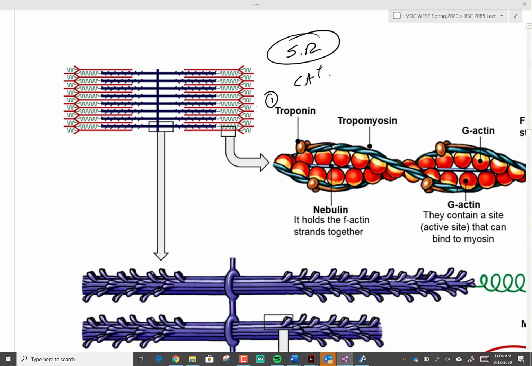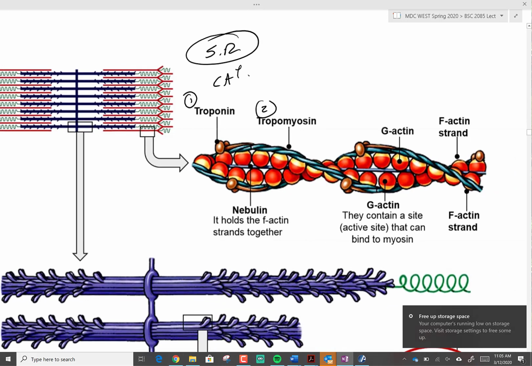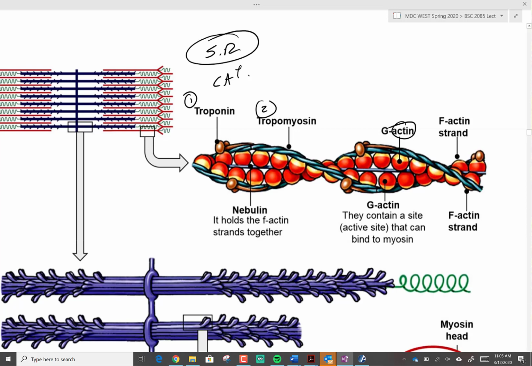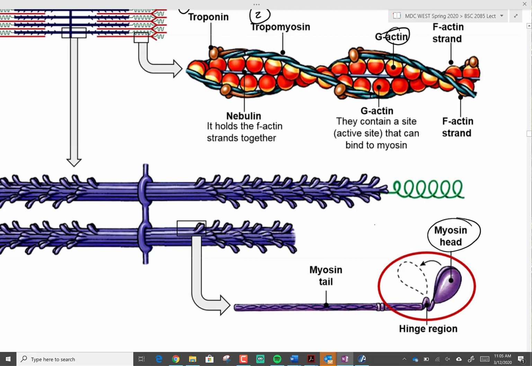Troponin, and troponin moves tropomyosin. So calcium binds to troponin, tropomyosin is moved, and now what is in between this troponin and tropomyosin? Actin. Actin gets exposed, and that way actin can bind to these myosin heads.